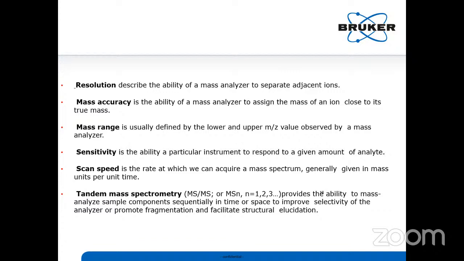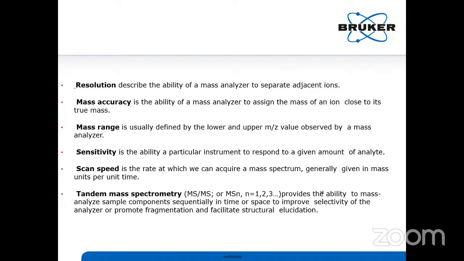But when you are analyzing proteomic samples, or when your LC gradient is very short, automatically within a short time, 0.1 minute, 0.2 minutes, 0.01 minute, you will release 5 or 6 peptides at a time. Your instrument detector should be able to identify all 6 peptides, even if you are releasing them within nanoseconds. Here, scan speed also, as I mentioned in the previous slide, equation, you should know exactly.